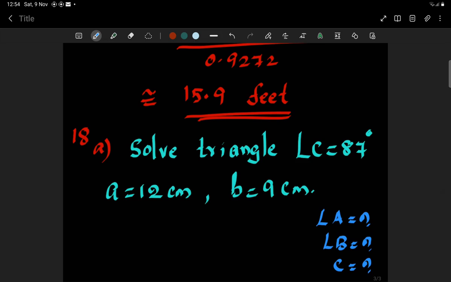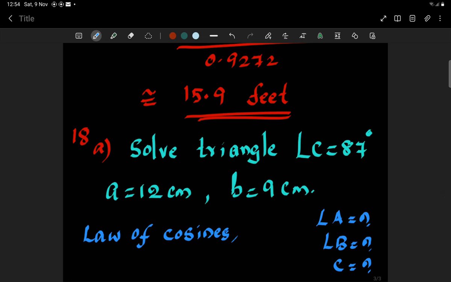Here we cannot use the sine law first, because the sides are not fully given and only one angle is given. But we can use the law of cosines. Law of cosines means here we need to find out small c.